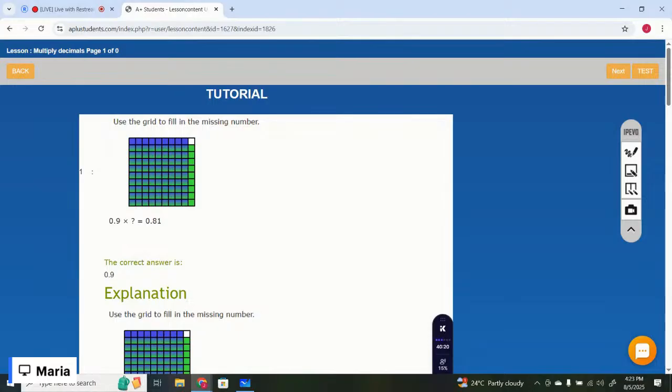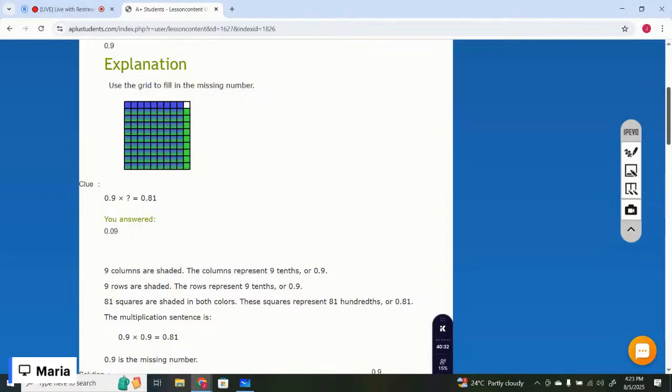Use the grid to find the missing number. 0.9 times the missing number is 0.81.